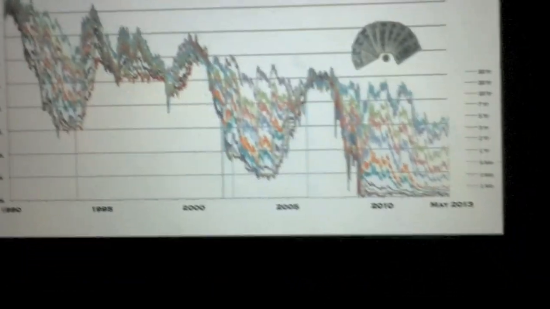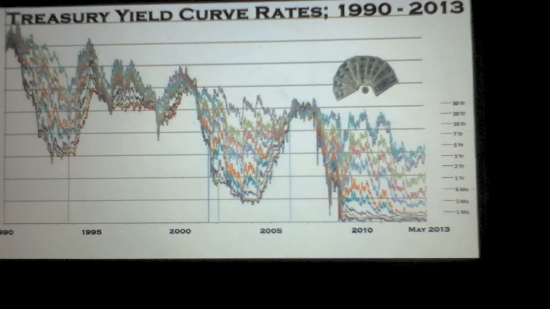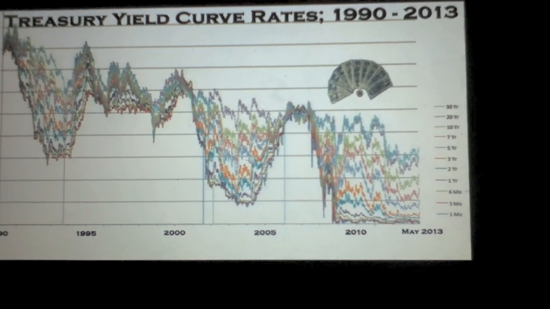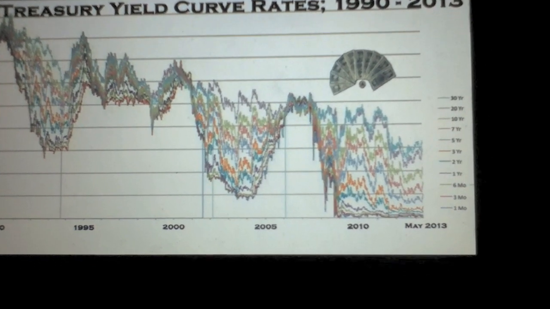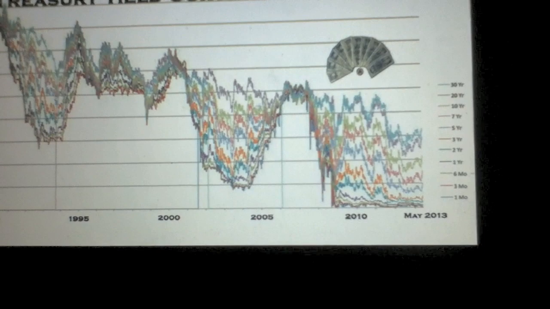You can see that the trough at the bottom on the most recent interest rate drops is incredibly long. It's been more than 4 years. I'm working on 5 years that these have been smashed so low.